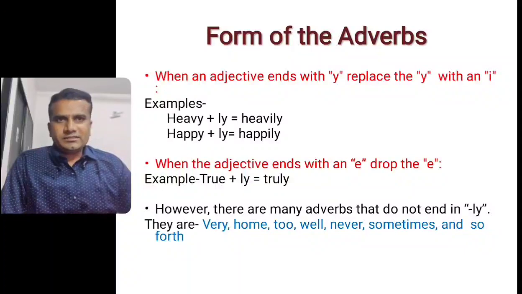Here e is the last letter. When we want to form an adverb, we have to drop e. Here e is dropped and the adverb is T-R-U-L-Y. So the spelling of an adverb changes.